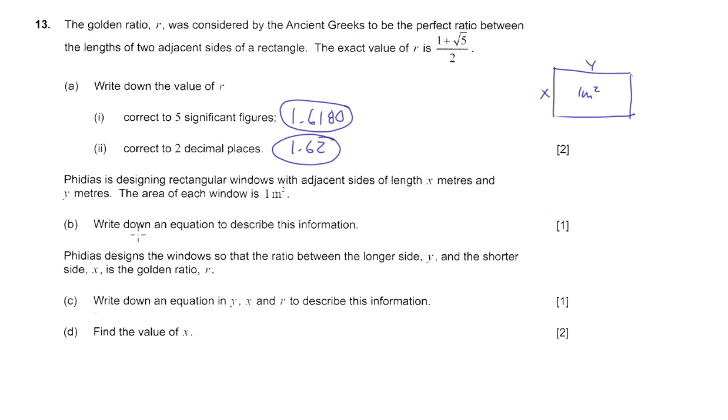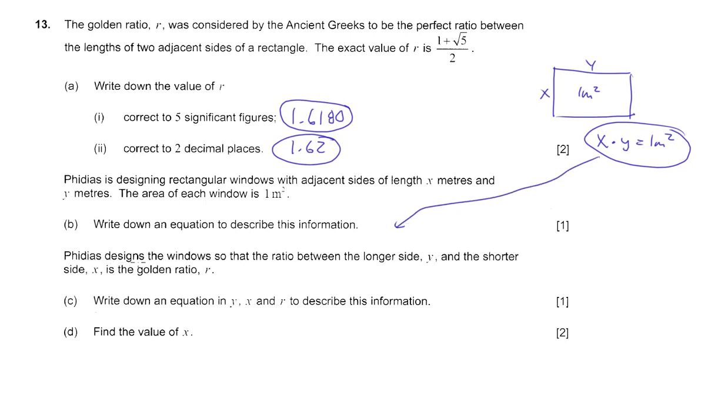Write down an equation to describe this information. Oh, okay, so there we go. We can do x times y equals 1 square meter, right? Okay, so that's this part here.